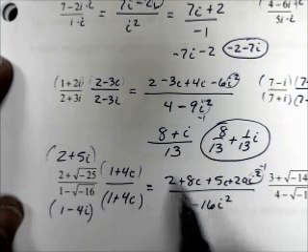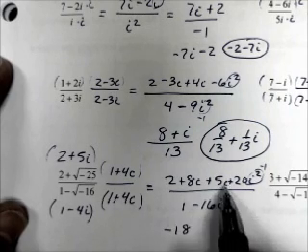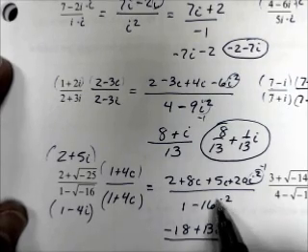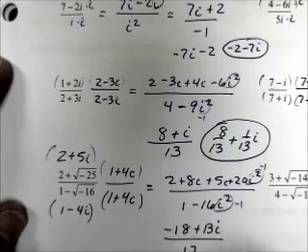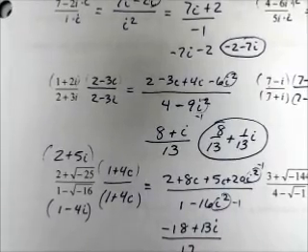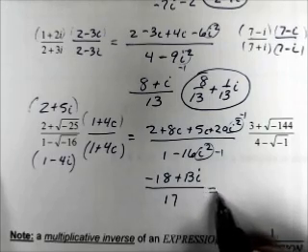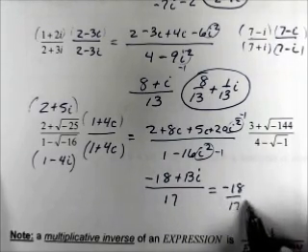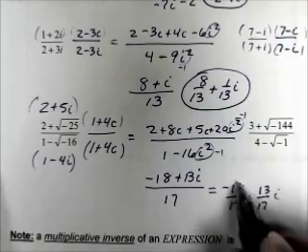A negative 20 and a positive 2 is going to be a negative 18. 8i and 5i is 13i. And i squared here is negative 1, so that's plus 16 would be 17. 1 plus 16 is 17. Okay, now split this apart. The real number portion, negative 18/17, plus the imaginary 13/17 i.